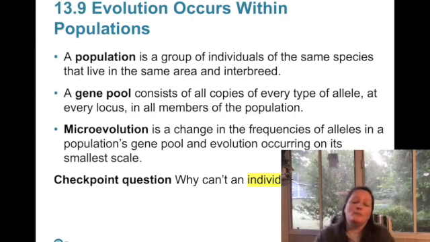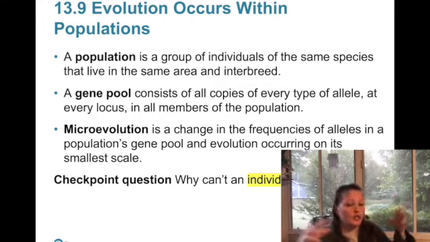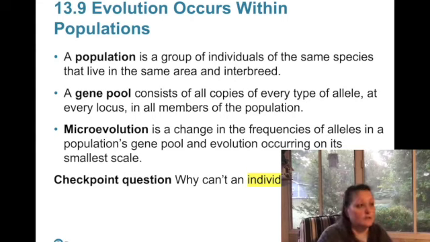If you have ever heard people make cracks about interbreeding and they're like, oh, that gene pool was too small, that's what they're talking about. You need to add fresh genes to the gene pool on occasion in order to keep it from being too small. Yeah, we'll get more into that later.